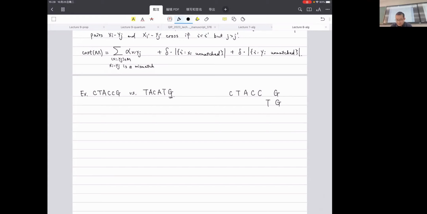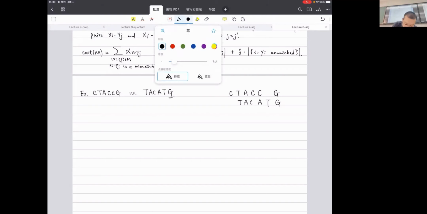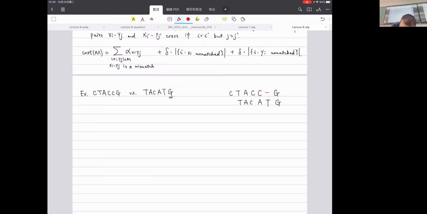By doing this, we want to create as few mismatches as possible, although this can potentially bring in some gaps, which is probably still fine. In general, by doing this we have two strings like this. For this construction, we are going to have gaps here, and there is one mismatch. So this is a mismatch.